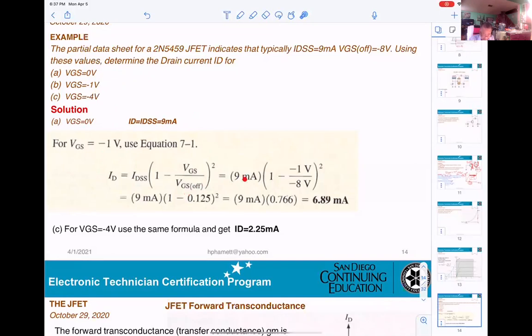They already gave you IDSS equal to 9 milliamp, and you get 1 minus minus 1 divided by minus 8, squared. That gives you 6.89 milliamp.